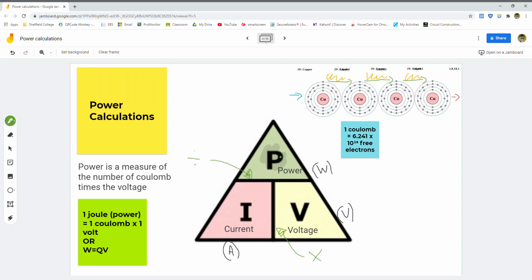So if we want to work out power, it would be I times V. If we wanted to, using this triangle, work out current, just cover current up, it would be P divided by V.